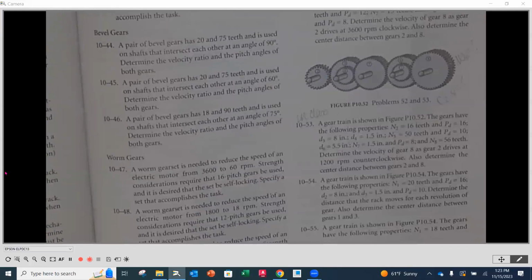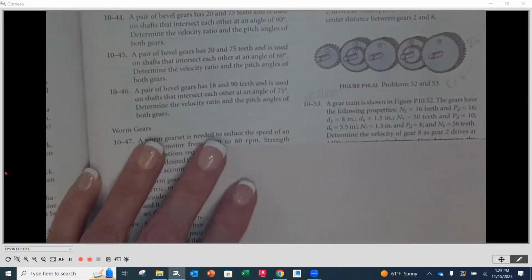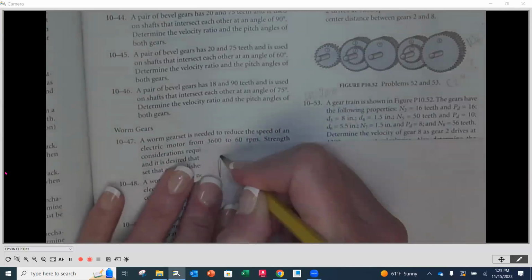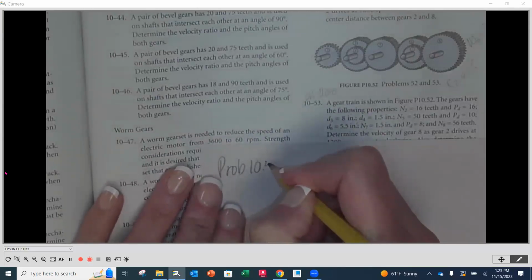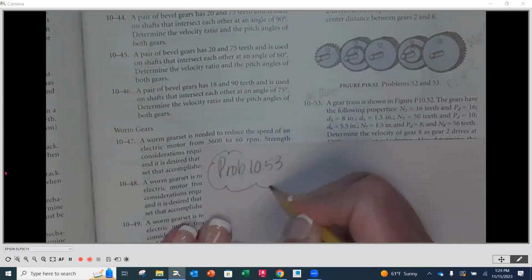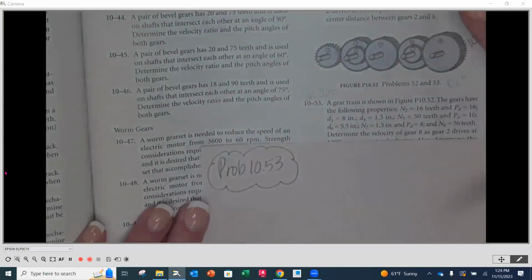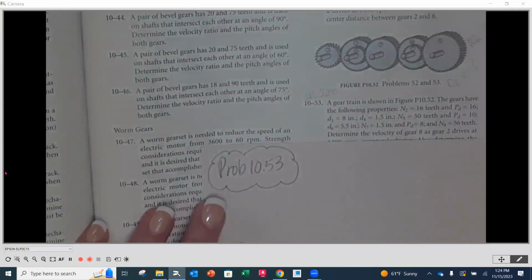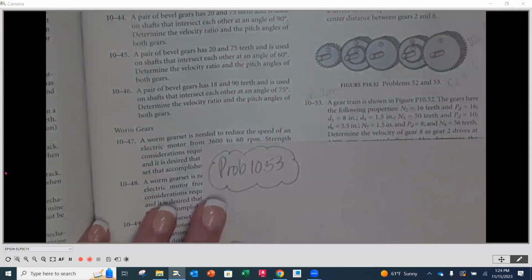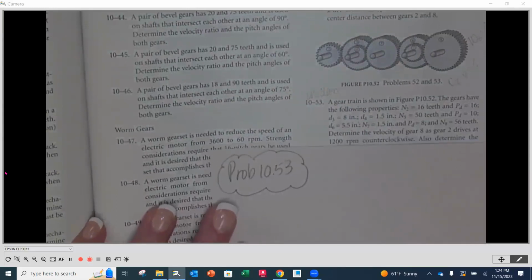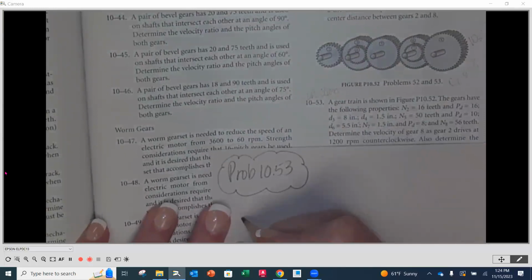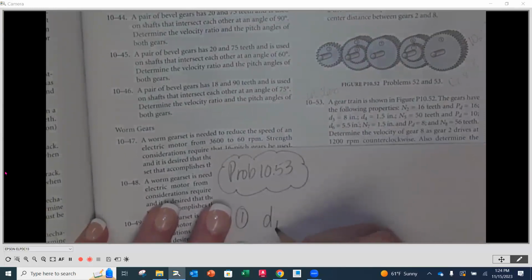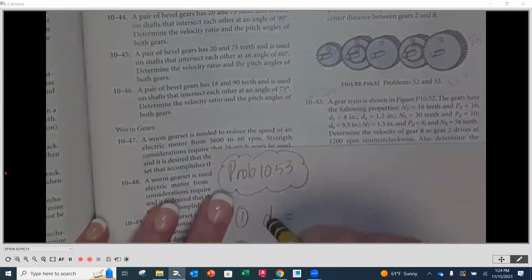So this is problem 1053. Now 1053 you don't have to do for your homework, but you do have to do the one above it, 1052. It's going to be similar to that one, so that's why I want to give you an example of this. We're going to start with finding the pitch diameter of gear 2.